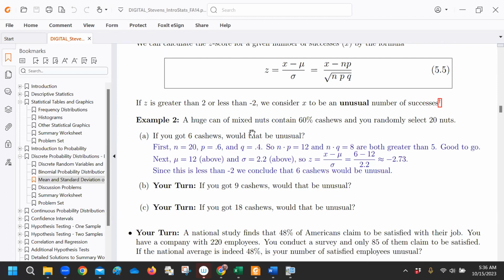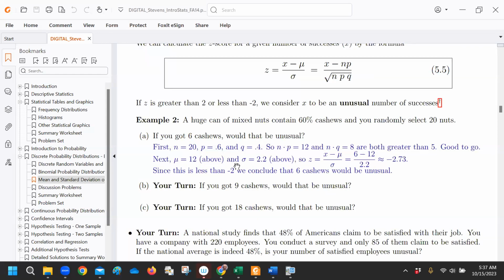I'm having a cashew craving today, just so you know, that's why I picked this. So 60% of those nuts are cashews, and we're randomly selecting 20 nuts. The probability of success is 0.6, and n is 20.